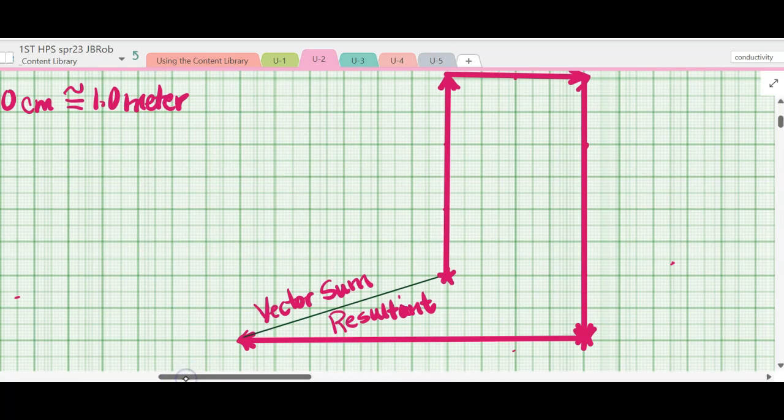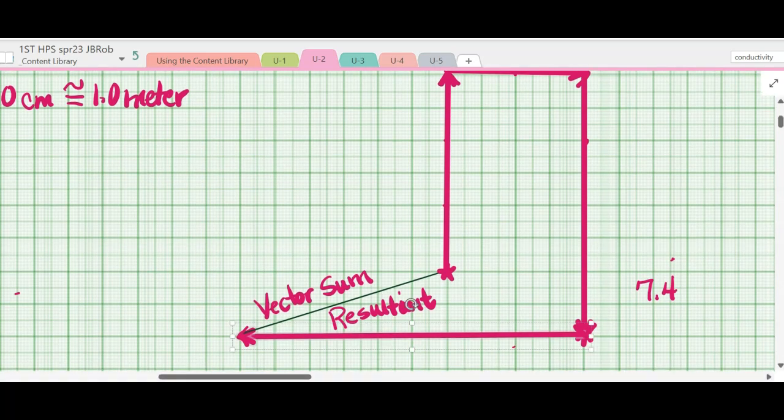All right, this looks like 7.4. All right, 7.4. And looking at the scale, it is a little off.